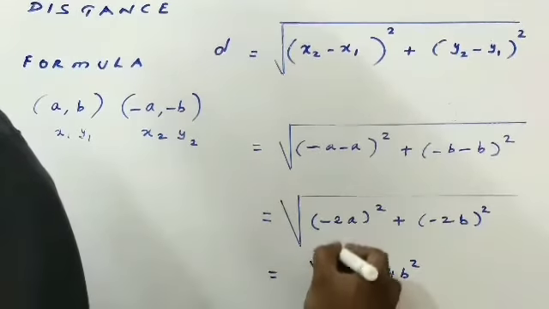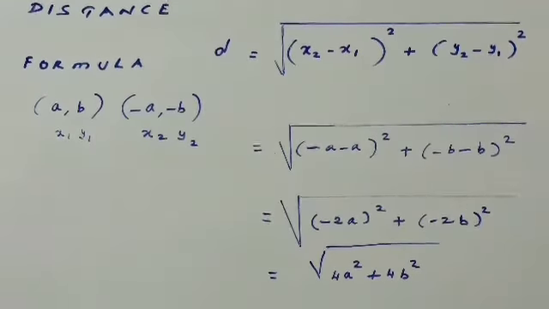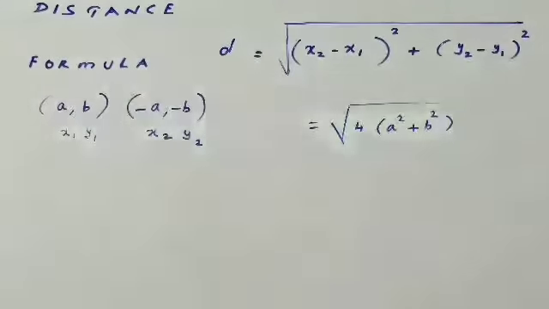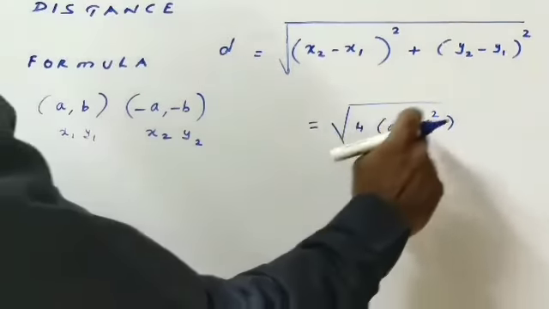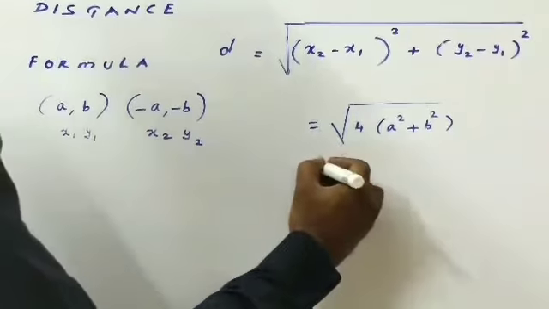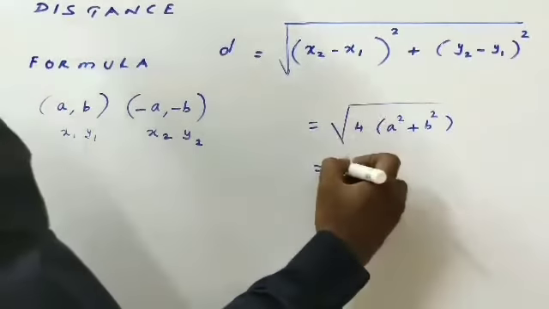Here we can take 4 as common. Taking 4 as common, we have 4 into (a square plus b square). Now we can take the square root of 4, that is 2.